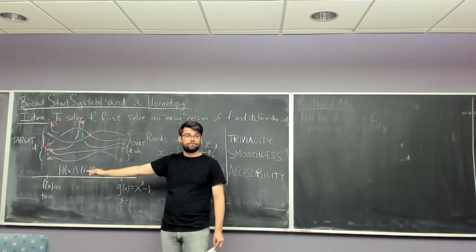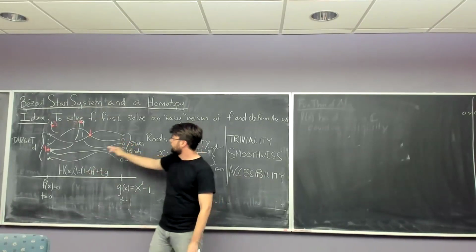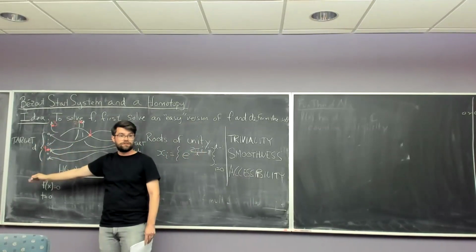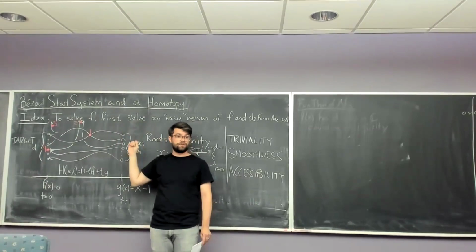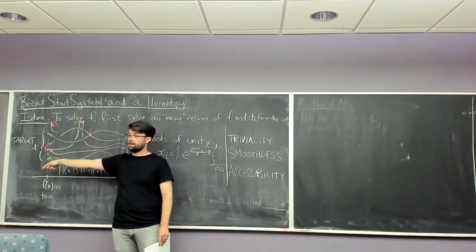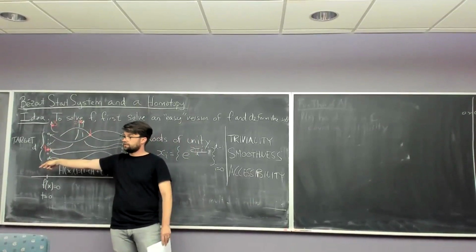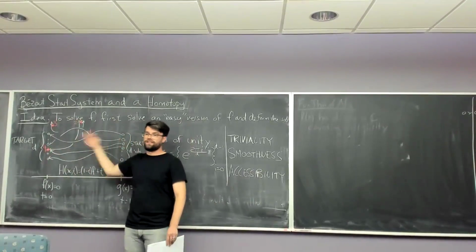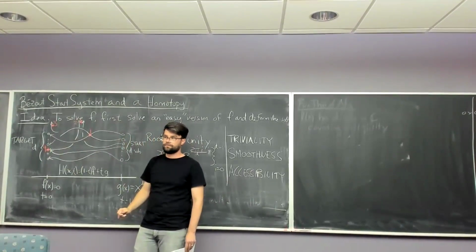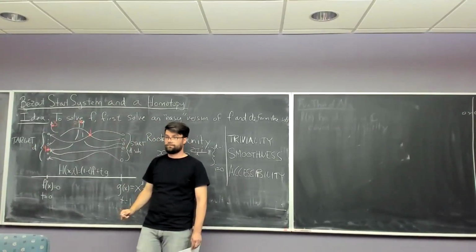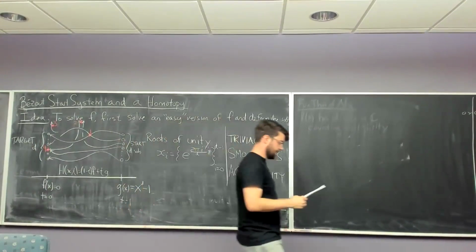Sorry, for every target solution, there exists a path starting at some start solution, which goes there. I'm not going to run this and only find half of my solutions. I'm going to find them all. Okay, so these are the three adjectives.